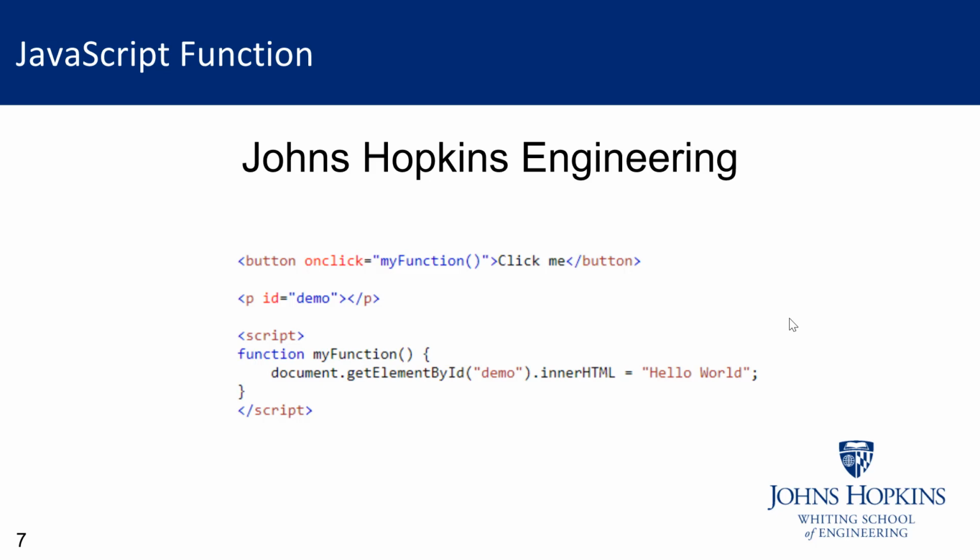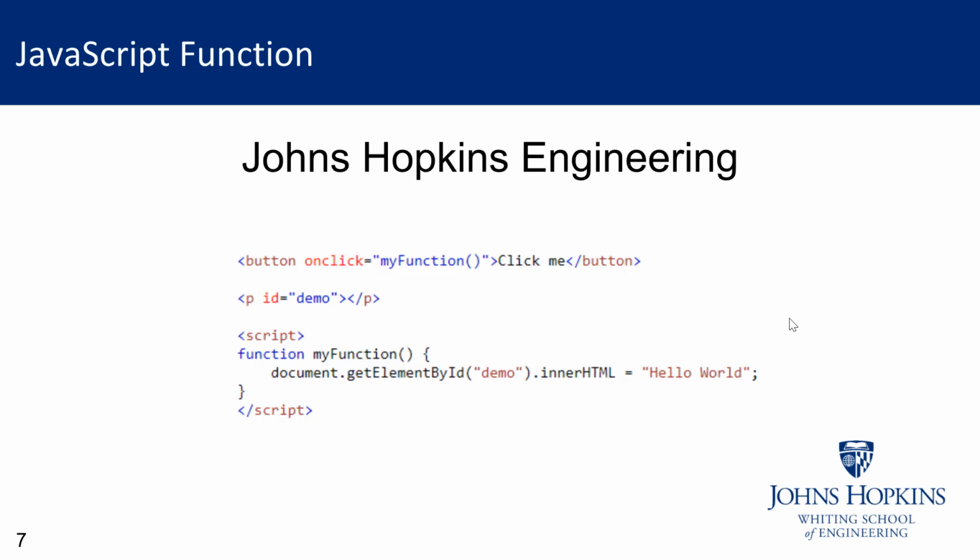So give me the page, and then getElementById. So then return to me the element whose ID is demo. And if we look just a couple lines up, like we saw before, that paragraph tag is precisely what has the ID demo. And then it's saying alter the innerHTML property of that element and set it to hello world.